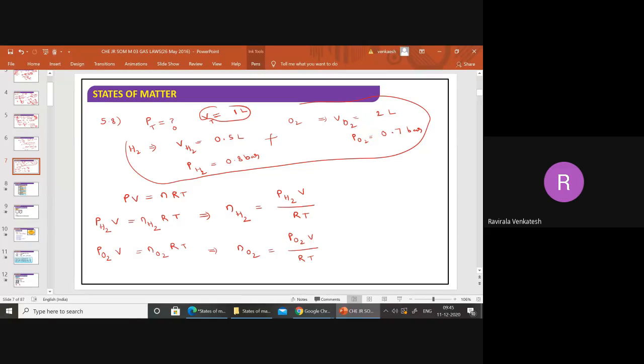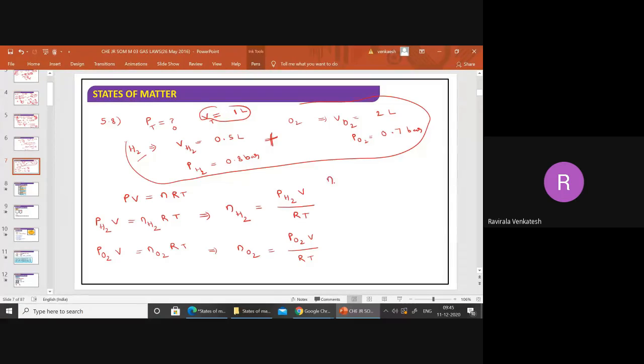So what I am taking here, we need actually total pressure, right? We need total pressure. Now what we'll do here, we add these two because it's a mixture, no? In this problem, we are adding hydrogen, oxygen.